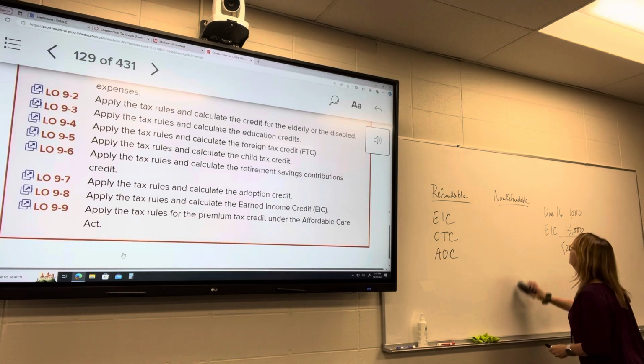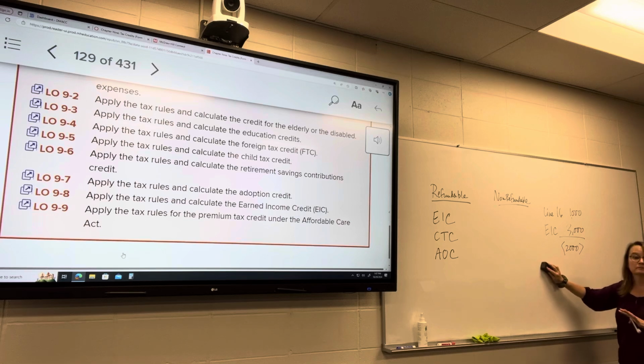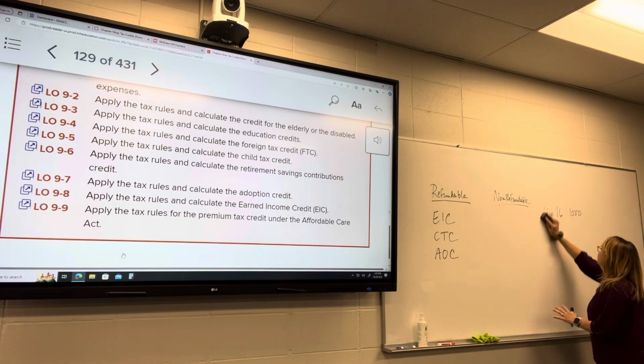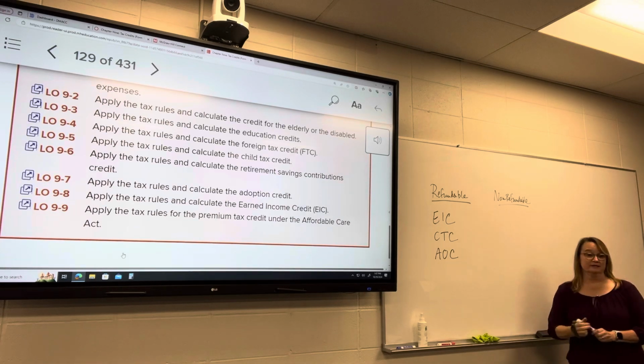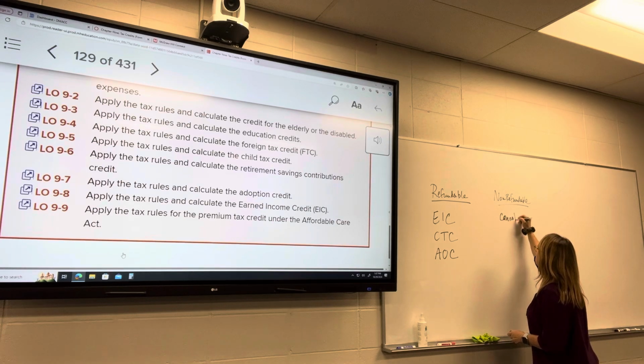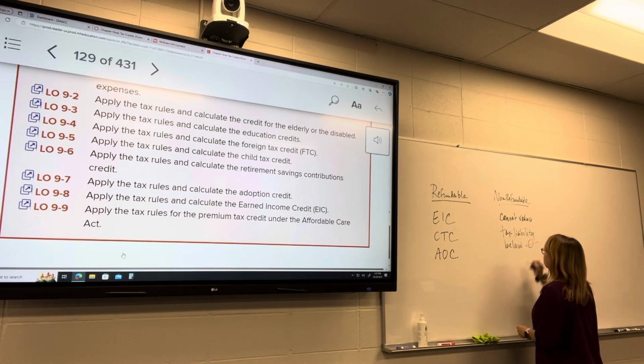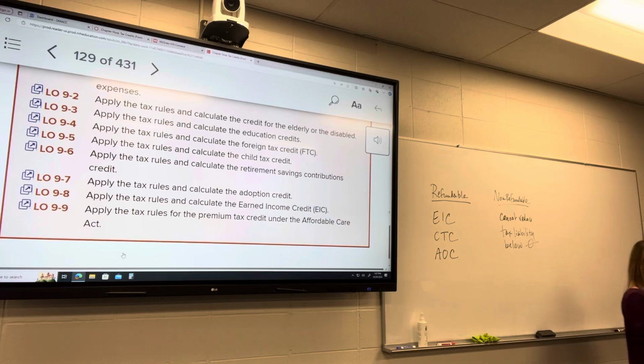Now with a non-refundable credit, any questions about that? Okay. No? Okay. With a non-refundable credit, it can only bring you to zero. It cannot reduce tax liability below zero. This one can, this one can't.